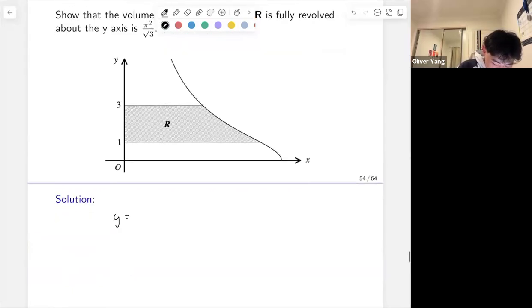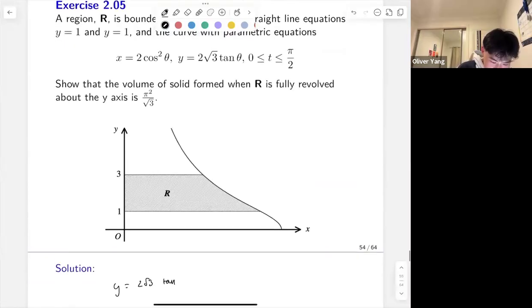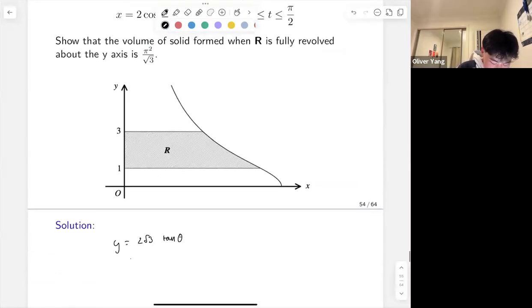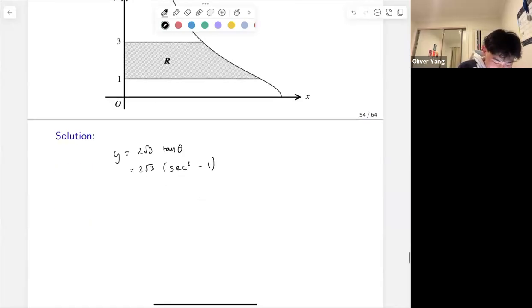So y equals 2 root 3 tan theta. How can we express that? Yes, we're using sec, right? Equals sec squared minus 1, right?